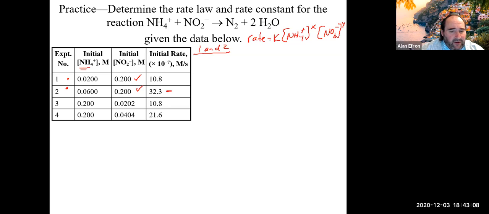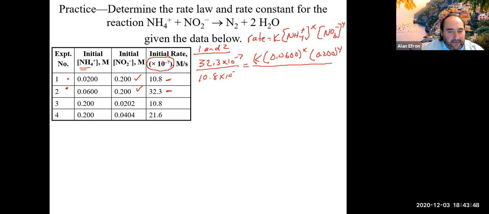Again, I'm going to go with the larger rate up there on top. So that is going to be our 32.3 times 10 to the minus 7. Don't forget the title here. So this 10 to the minus 7 is equal to our K times our NH4, which is 0.06, and our NO2 minus, which is 0.2 to the Y. On the bottom, we'll go number 1, which is this guy here, also times 10 to the minus 7.